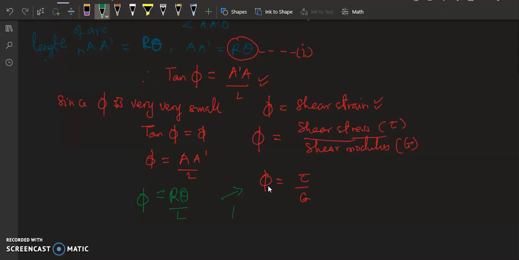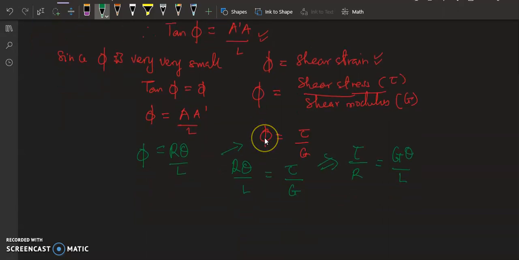So we're going to have R theta over L is equivalent to tau over G. So cross multiplying this will give us this equation rewritten as follows. So we're going to have tau over R is equal to G theta over L.